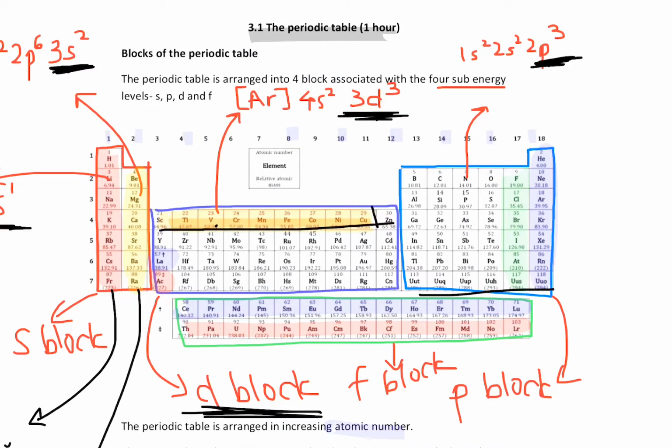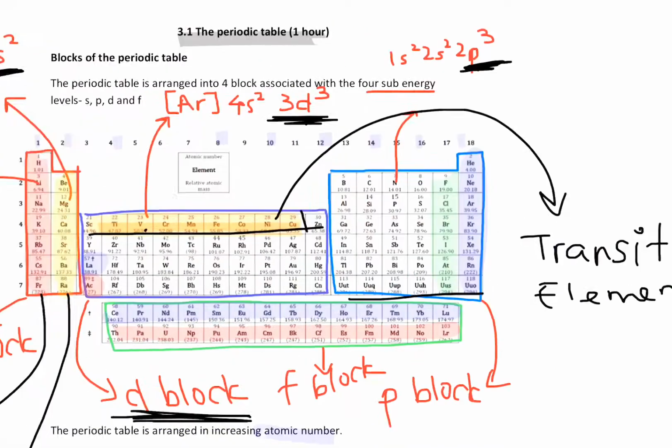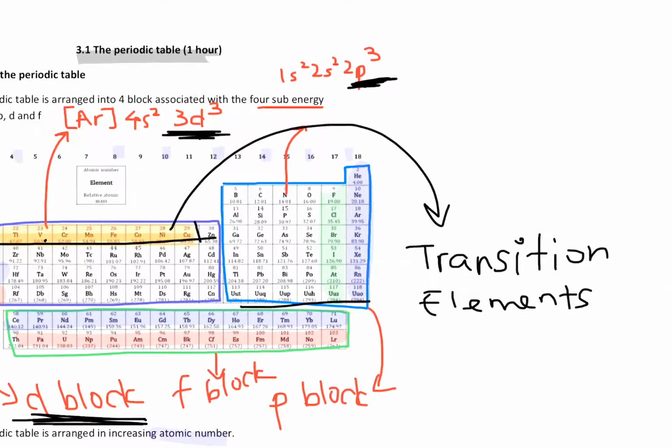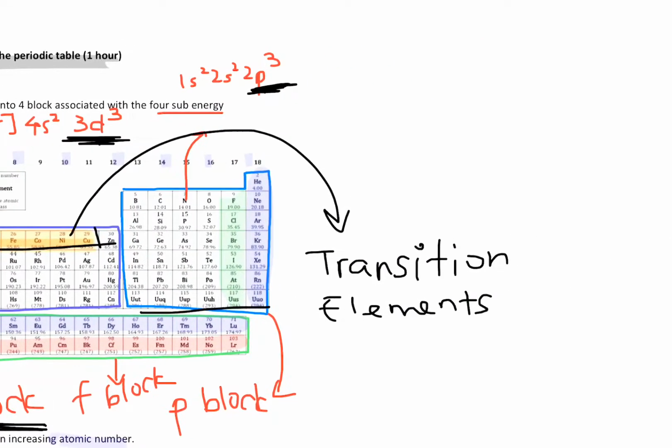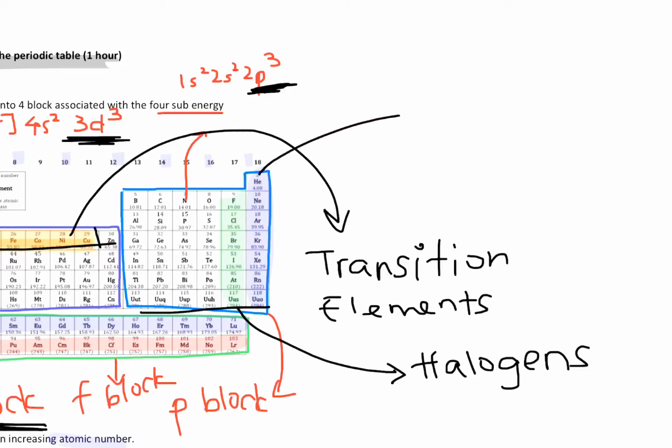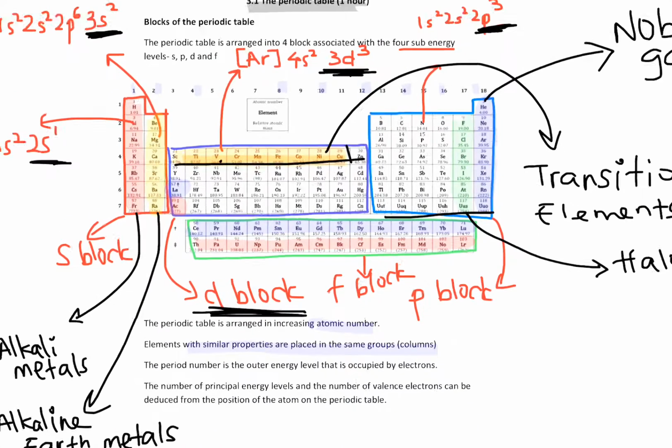These are the transition elements, and you have in green here Group 17, these are the halogens. And in purple over here, you have the noble gases. So these are the names of the different groups that you should know.